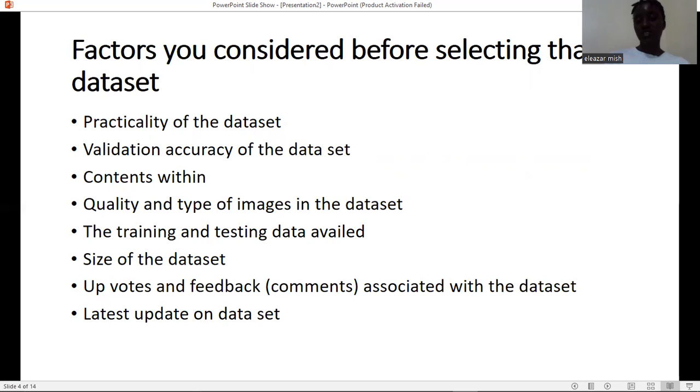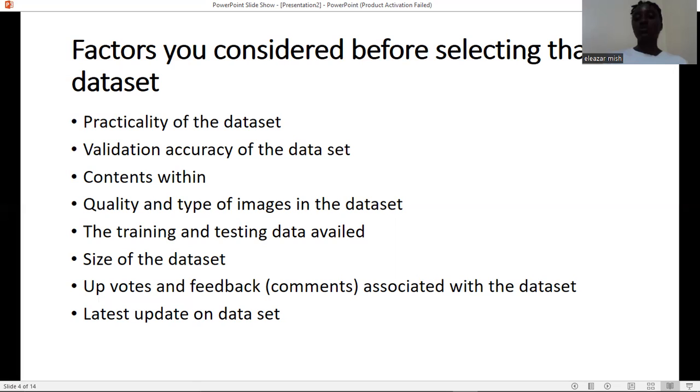They were rated, so we looked for one with a high usability. Then we were checking for the accuracy. Then the contents within, are they videos, are they images? This was also considered.